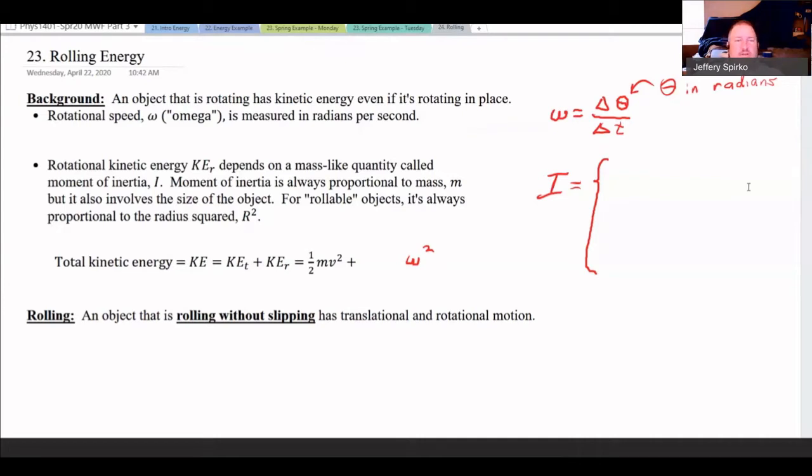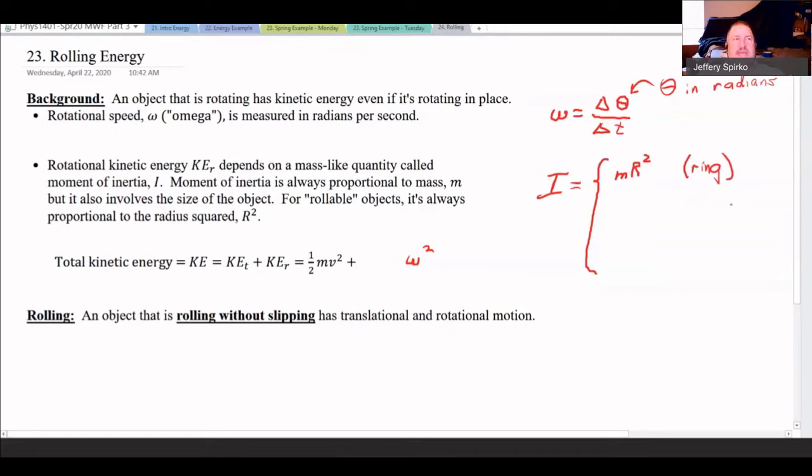So for actual rollable objects that you could put on an incline and they would roll downhill, it turns out that this moment of inertia quantity is always proportional to the radius squared. In fact, it is equal to mr squared for a ring.